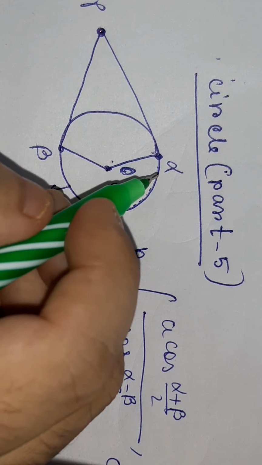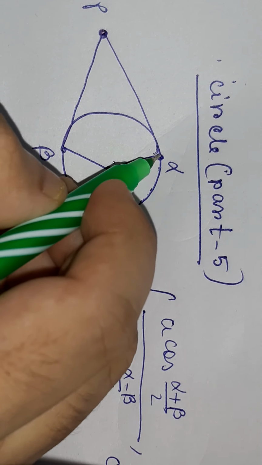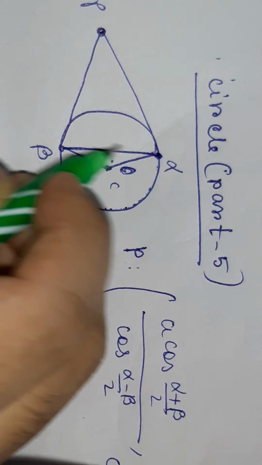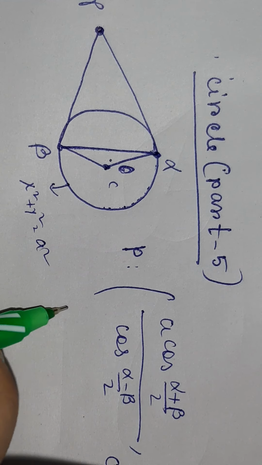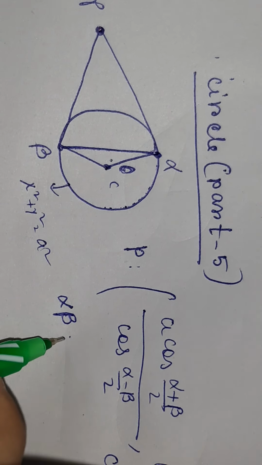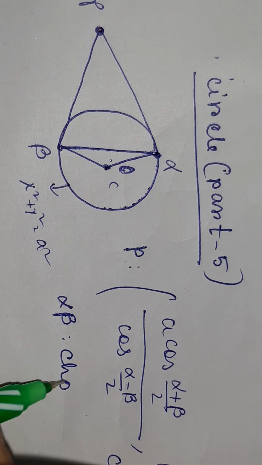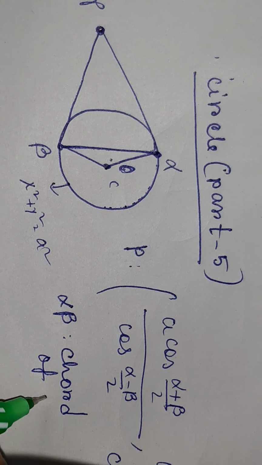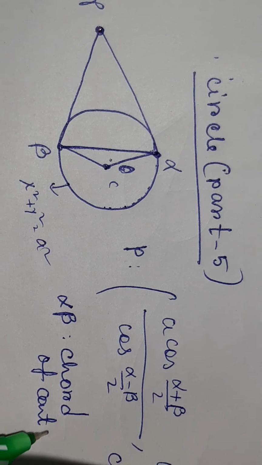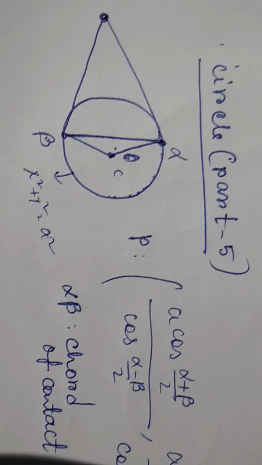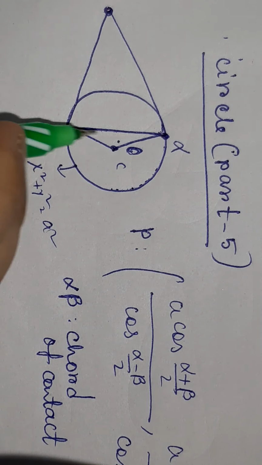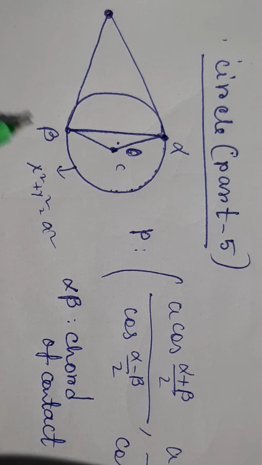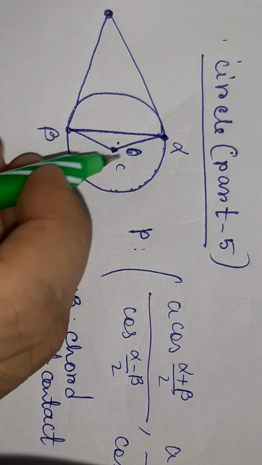Then the line joining alpha and beta is called the chord of contact.